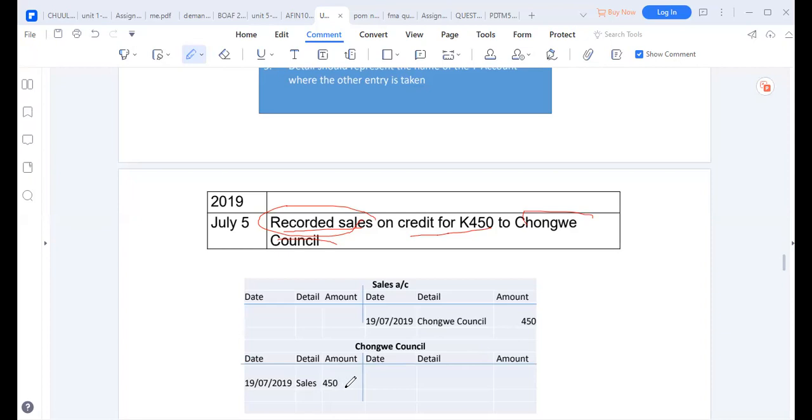Creditors always have a credit balance. So to increase our debtor figure, we debit. Remember, to increase the sales, we will credit. So Chongwe Council here, debit, and sales, credit.